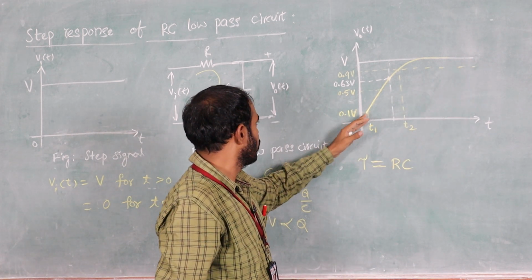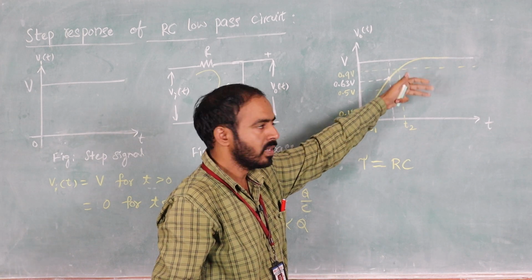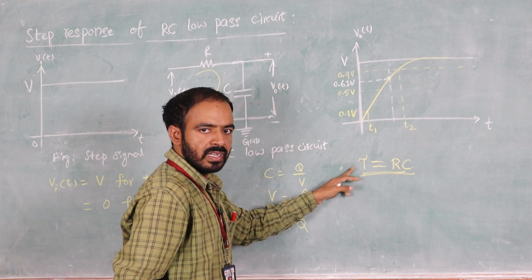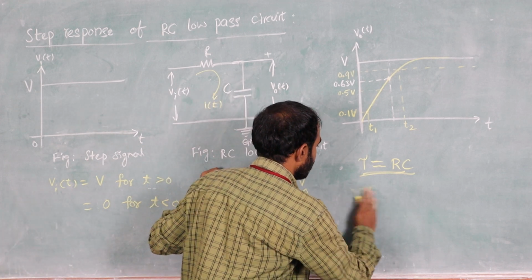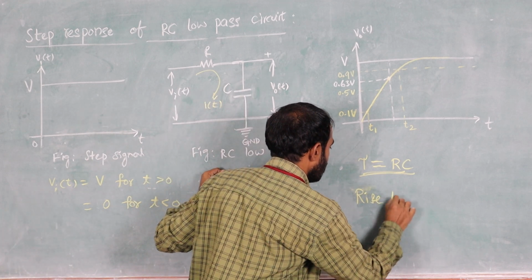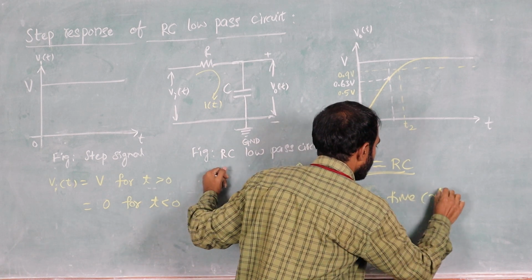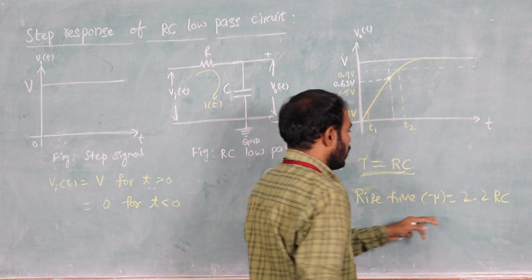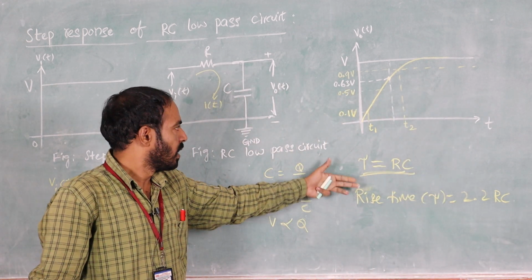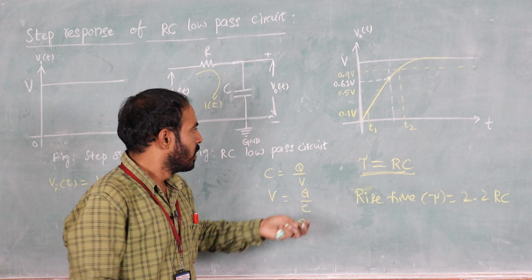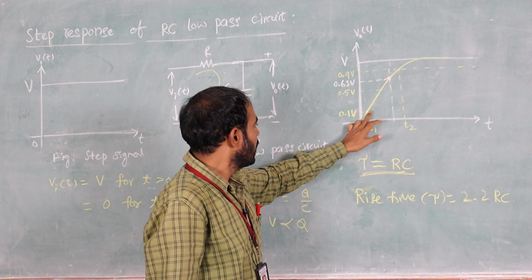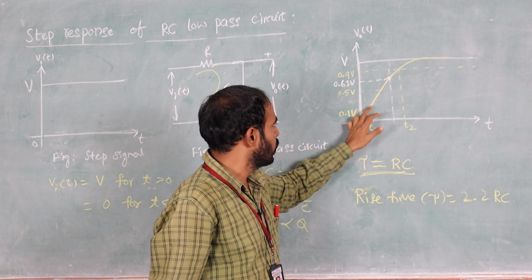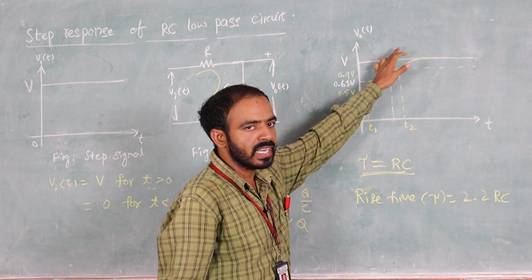So here, before going to see the output waveform of this circuit, we have to know what is time constant and what is rise time. Rise time tau equal to 2.2 RC. Okay, mathematically you can derive this one after this theoretical explanation. So here the time taken by the output waveform to rise from 10% to 90% of its final value.